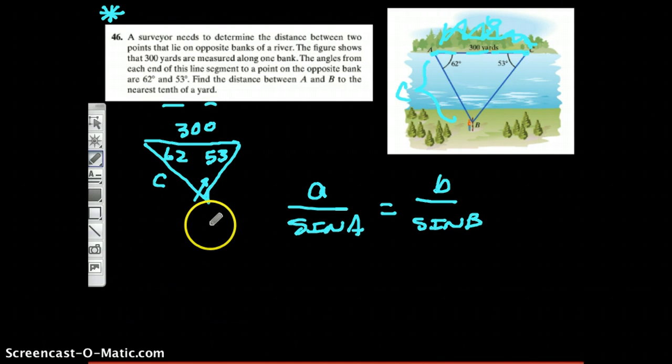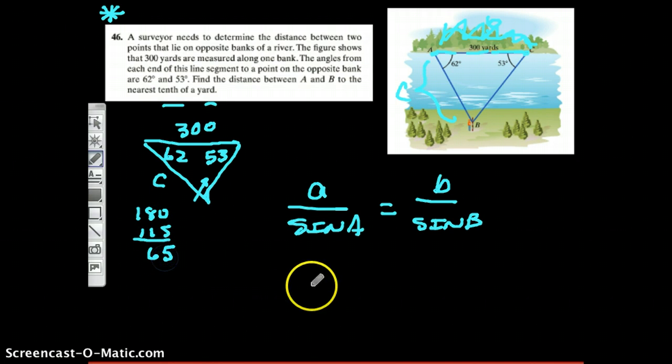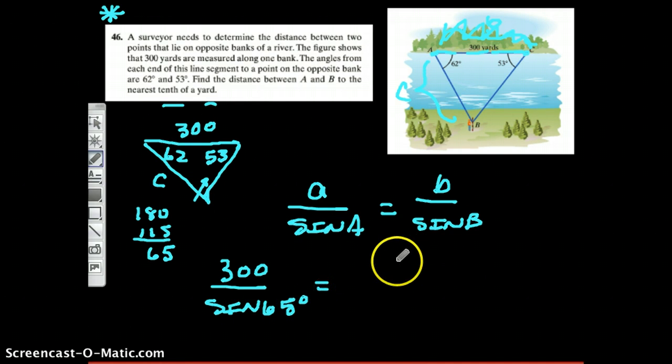Oh no. Well, we know that all the angles in the triangle equal 180, and if we add these two together right here, we have what? 115, and I subtract that from 180 and I get 65. So what I'm going to do is say 300 over the sine of 65 degrees is equal to little c over the sine of 53.